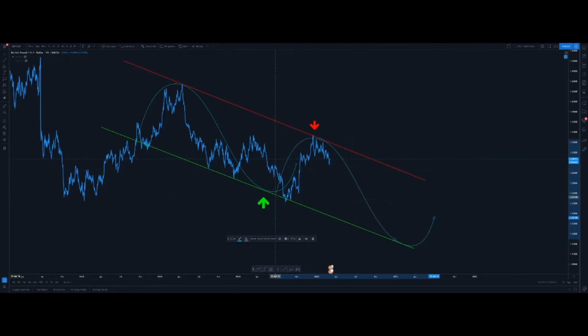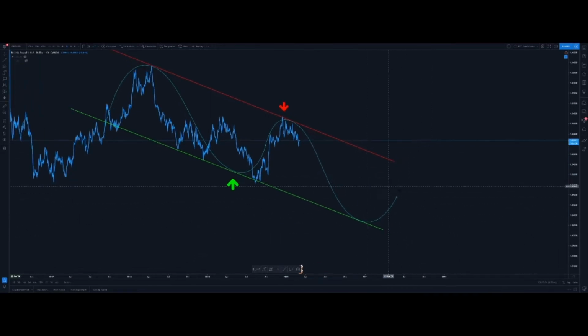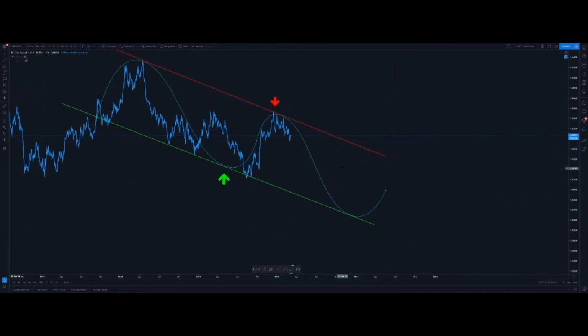Now we got a sort of a reference wave also, like that. So probably this is what's gonna happen.